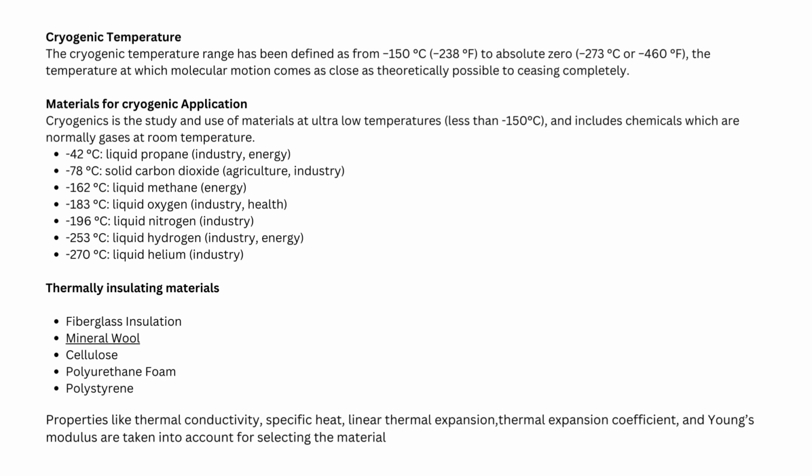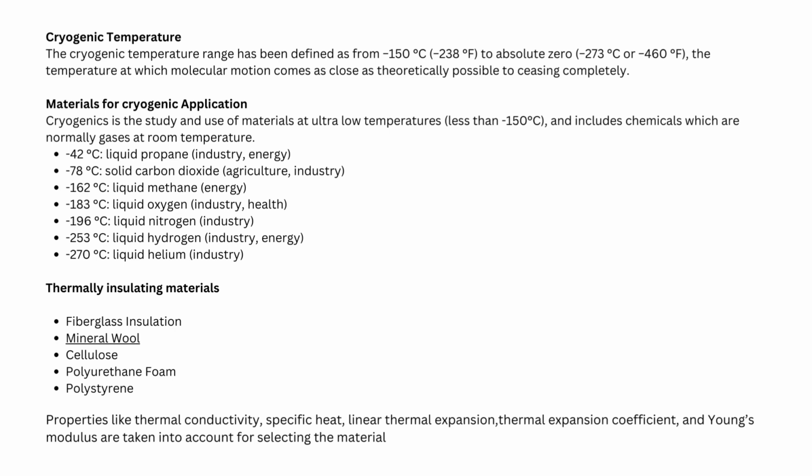Now, cryogenic temperature. The cryogenic temperature range has been defined as from minus 150 degrees Celsius to absolute zero, that is minus 273 degrees Celsius, the temperature at which molecular motion comes as close as theoretically possible to ceasing completely.